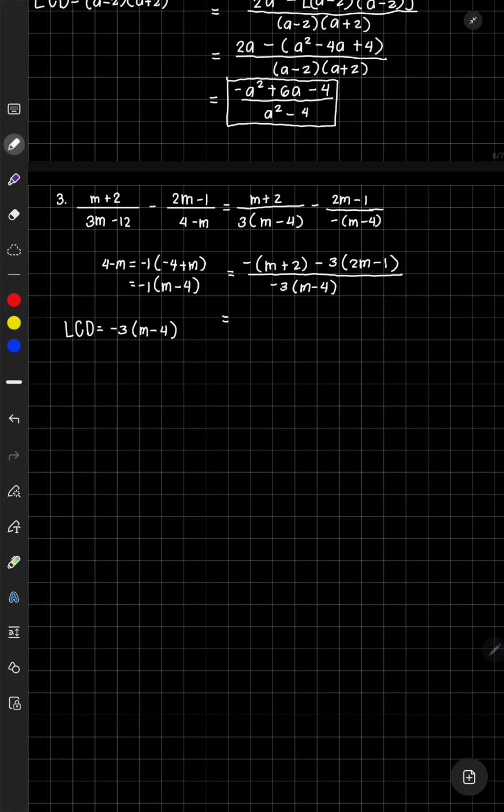So simplifying, distribute the negative signs inside the parentheses. So we have negative m minus 2. Also distribute negative 3 inside the parentheses. So we have negative, so 3 times 2 is 6. So negative 3 times negative 1 is positive 3. So that would be all over negative 3 multiplied by m minus 4.